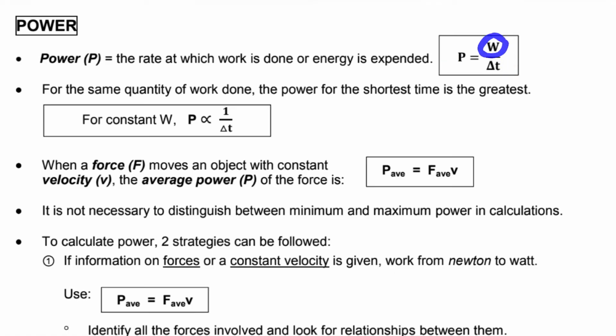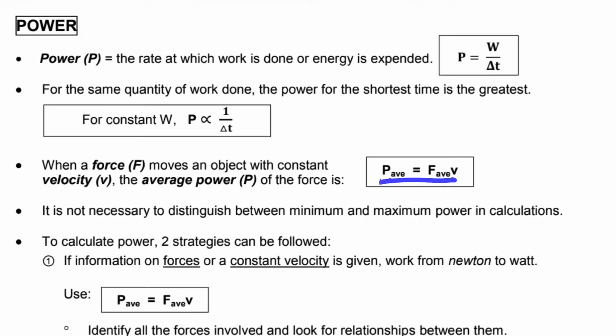While the work is the same, this one must remain constant. For the same quantity of work, the power for the shortest time is greatest. They are inversely proportional.